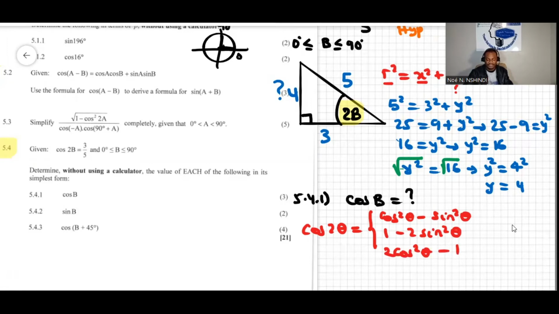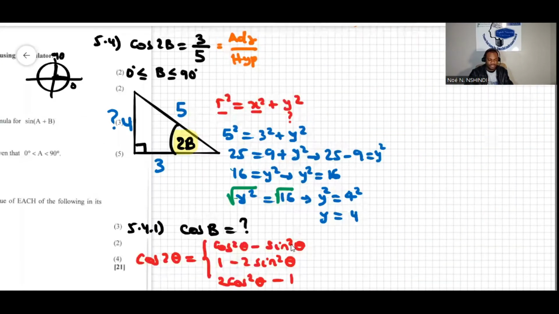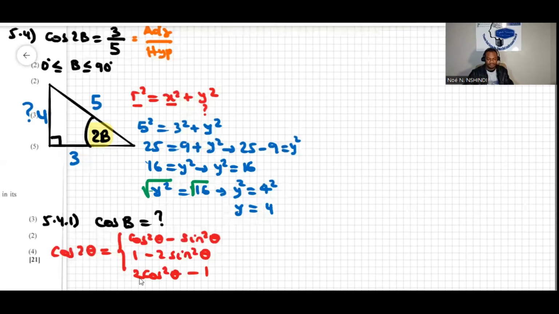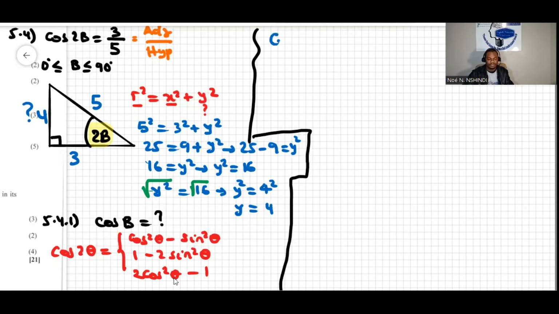Because we have cos of 2B equal to 3/5, I can select one of these formulas.